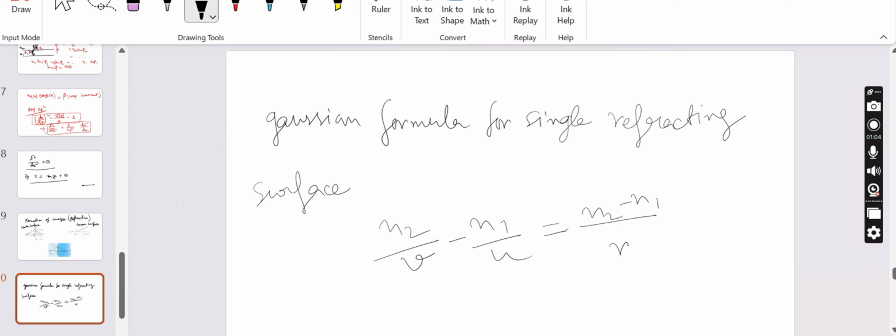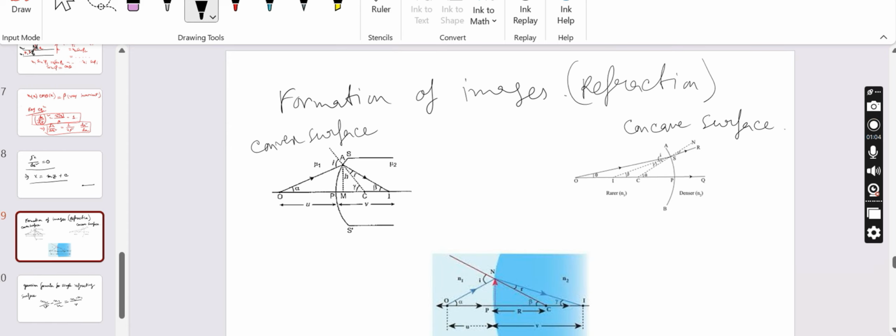So here n2 is the refractive index of this medium, n1 is the refractive index of the first medium, and this is the r.